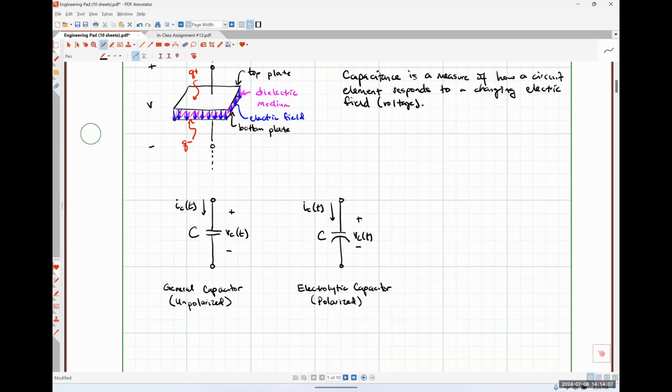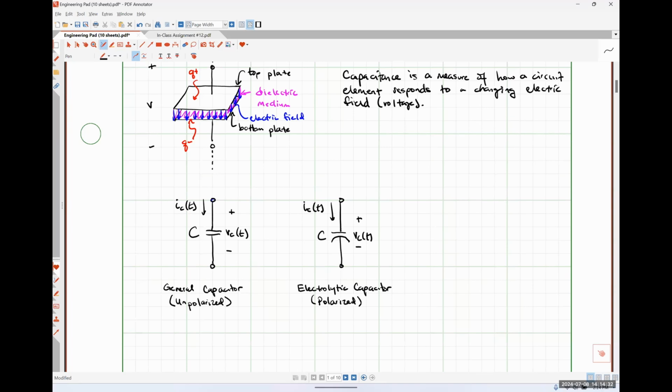So in a general capacitor, you can apply either a positive voltage or a negative voltage across the capacitor, and it will be perfectly fine. In an electrolytic capacitor, if you were to apply a negative voltage across that capacitor, it would physically rupture. It's due to a chemical reaction inside that lets off a bunch of gas.